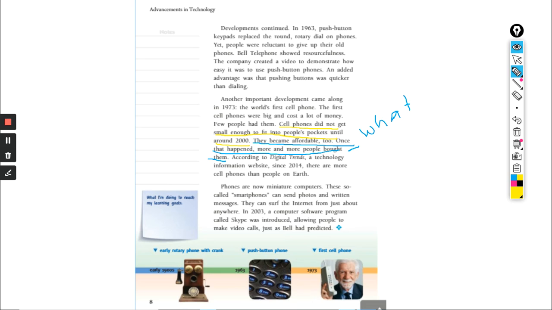So meaning that when they got smaller and they became affordable, meaning that they were cheaper, more people bought them. So the smaller size and cheap is why people started buying them. So this whole connection here is showing us that cause and effect.